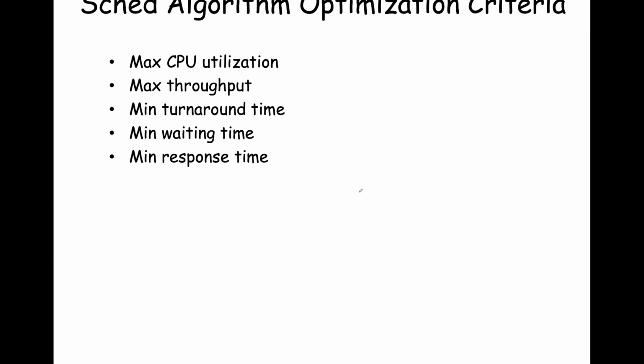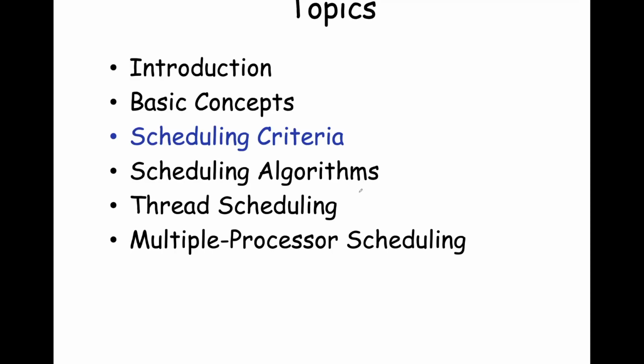Minimize the waiting time, so things don't wait too long, or minimize the response time to appear as responsive as possible. So a scheduling algorithm maintains some primary objective it's trying to maximize or minimize, and these various criteria are all things it might key in on.